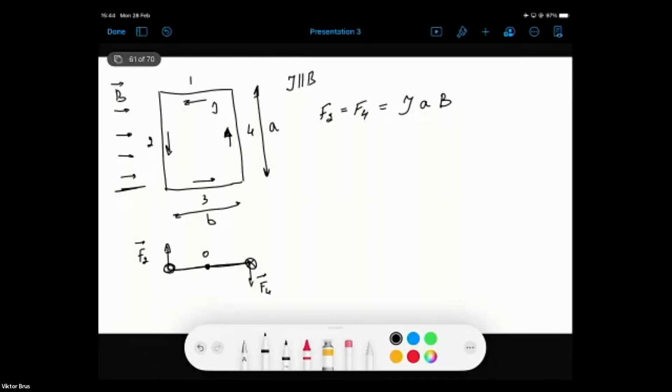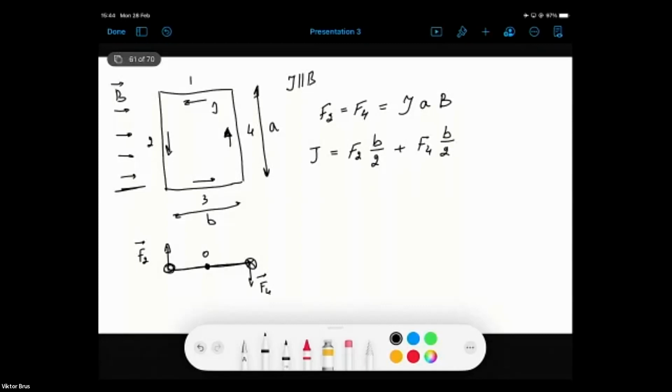So now we have two forces which are equal in magnitude but opposite in direction. And with respect to this point O, these forces will create some torque. The magnitude of this torque will be F2 times half of the width of segments 3 and 1, which is B divided by 2, plus F4 times B divided by 2.